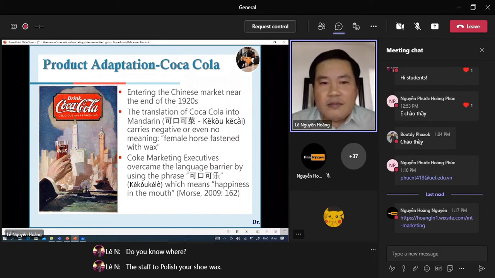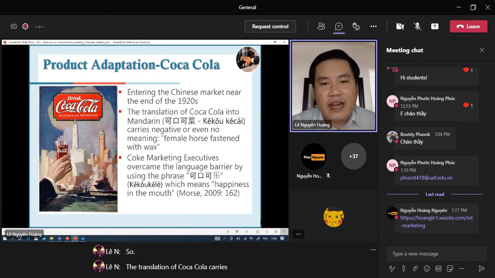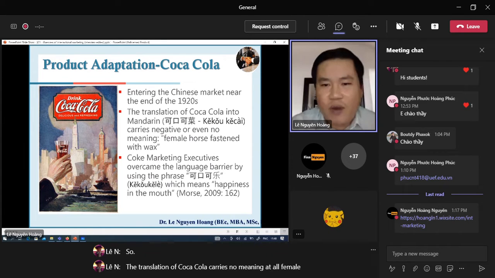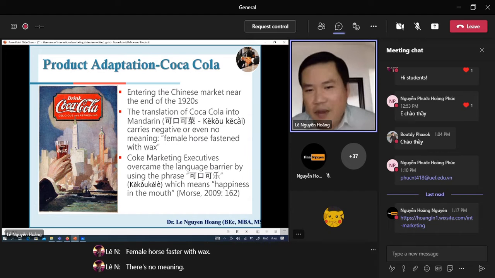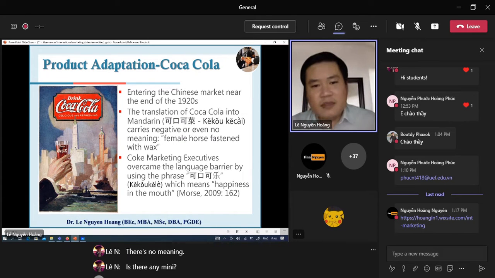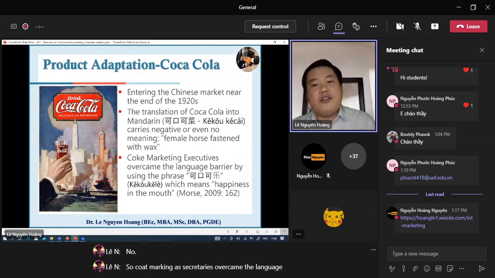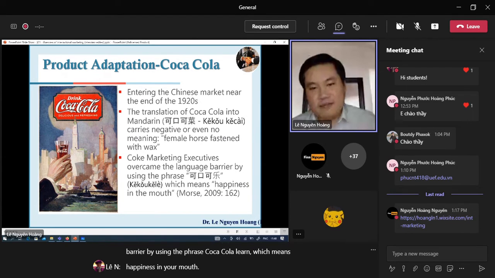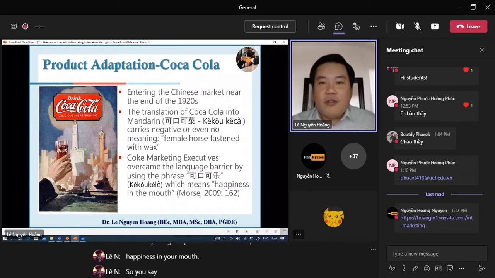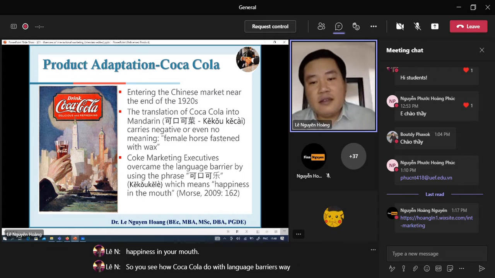So the translation carries no meaning at all. There's no meaning, is there? No. So Coca-Cola executives overcame the language barrier by using the phrase that means happiness in your mouth. So you see how Coca-Cola dealt with the language barrier when it comes to China.